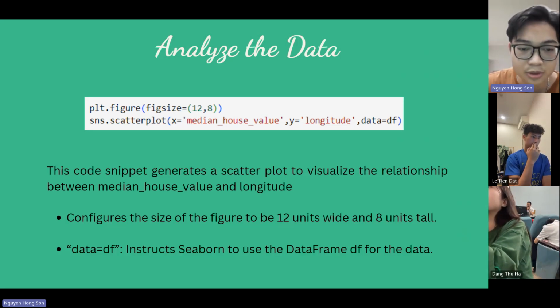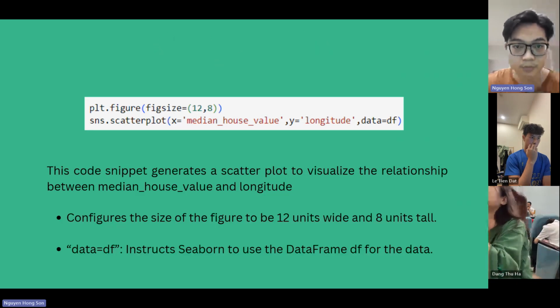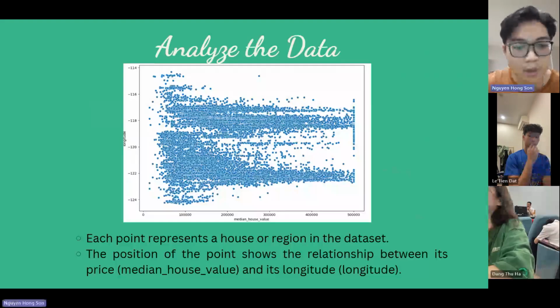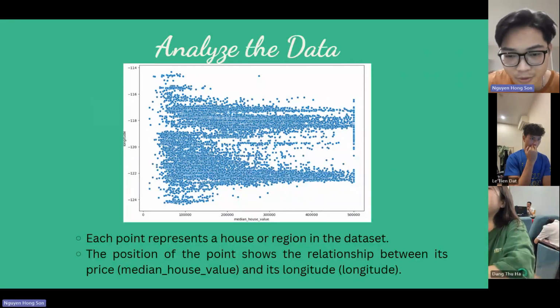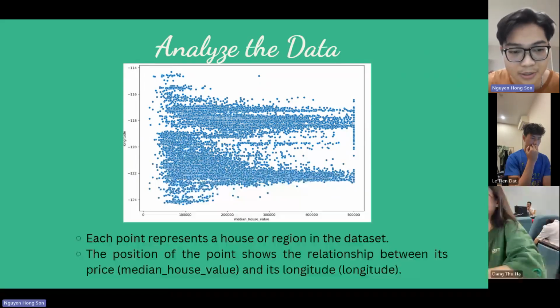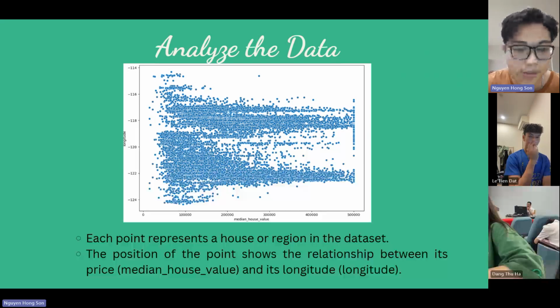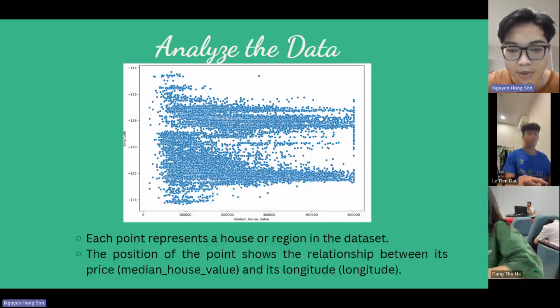This instructs Seaborn to use the data frame df for the data. Each point represents a house or region in the dataset. The position of the point shows the relationship between its price and its longitude.